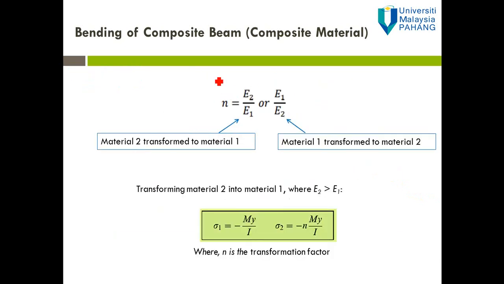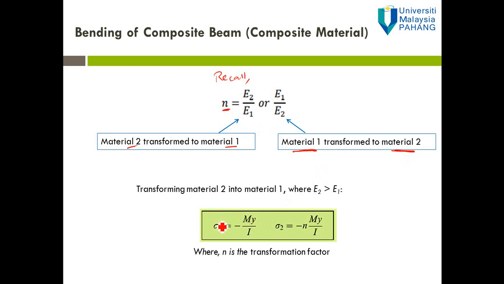If you recall, n is equal to E2 over E1 if you want to transform material 2 into material 1, or n equal to E1 over E2 if you want to transform material 1 into material 2. After the transformation, we can calculate the stress in the beam for each material.